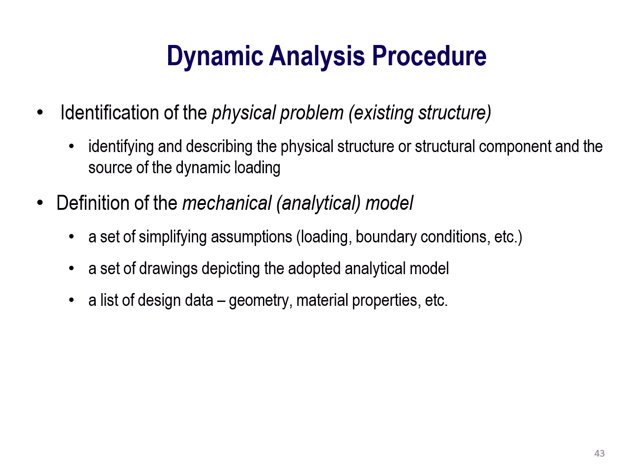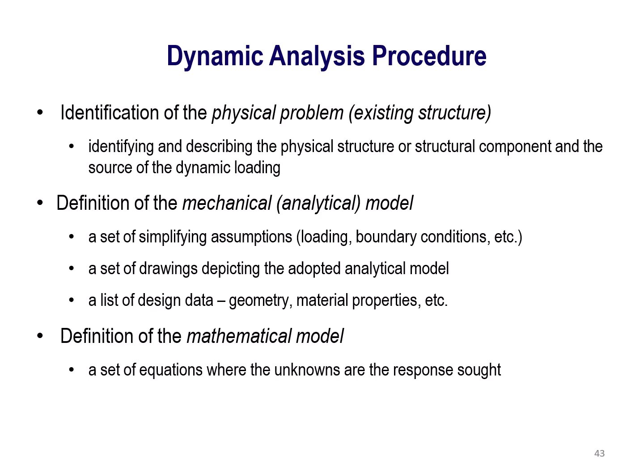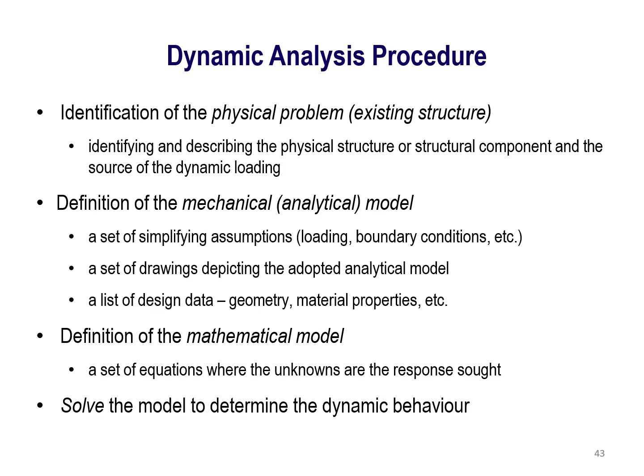Also, we have to have a set of drawings depicting the adopted analytical model. Also, we have to provide a list of design data like the geometry, the material properties, and so on. We need to set the definition of the mathematical model, a set of equations where the unknowns are going to be the response sought, and then solve the model to determine the dynamic behavior.